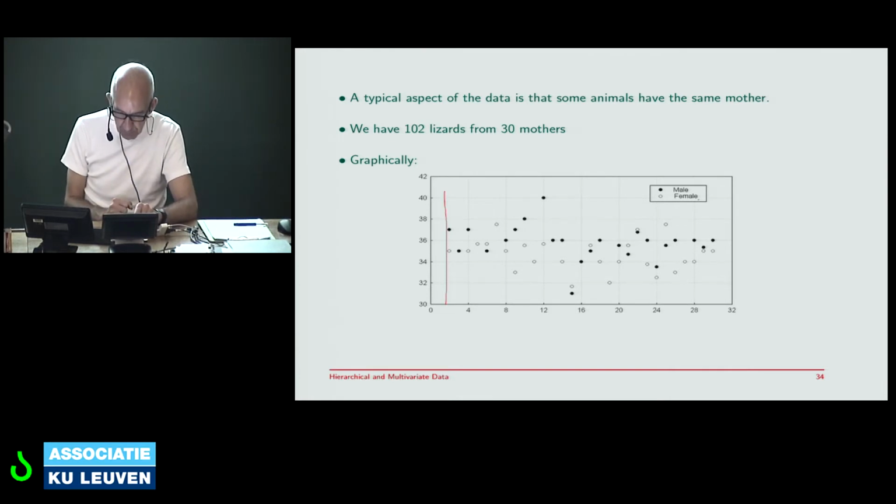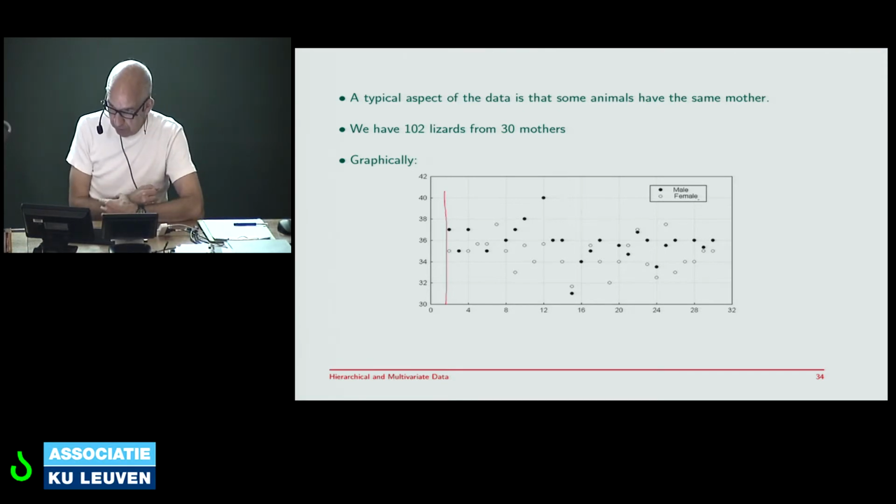Which means that there are 30 independent replicates, that's level 1, the mothers, but at level 2, there may be two or more replicates per mother, the offspring or the little lizards.